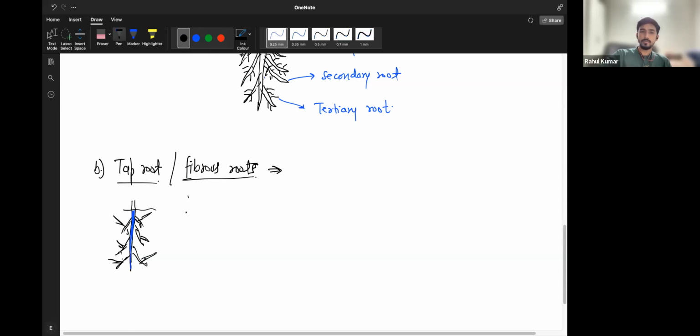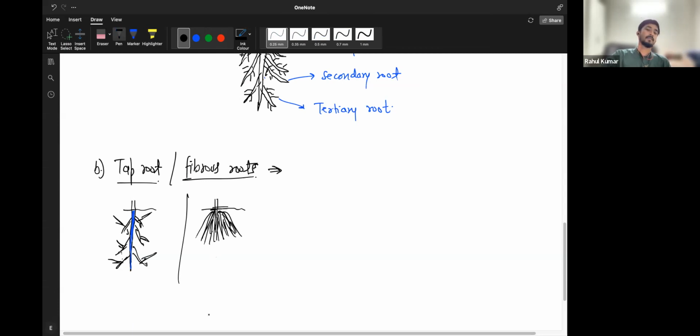Whereas in a fibrous root, at the junction, a primary root forms but then degenerates, and multiple roots are present in a fibrous bundle.